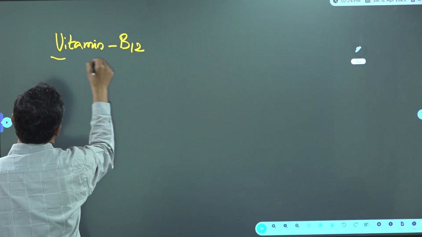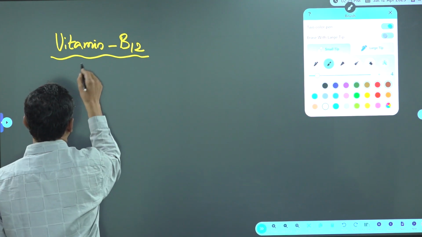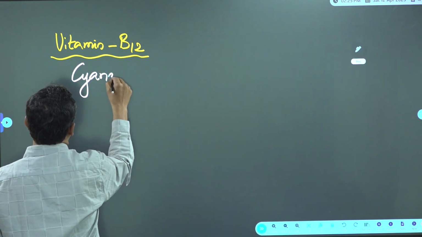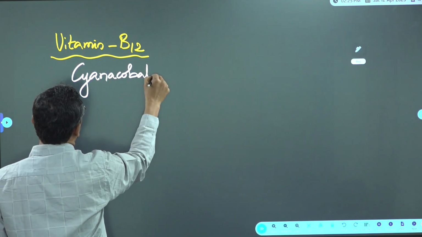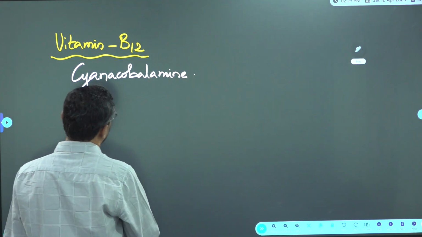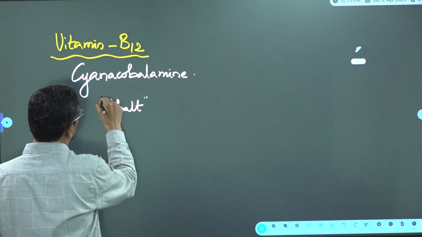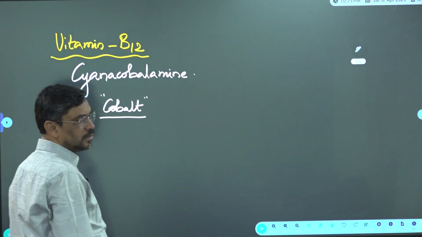Vitamin B12. Its chemical name is cyanocobalamin. It is cobalt containing vitamin. It contains cobalt element.